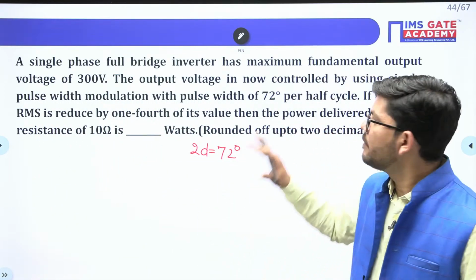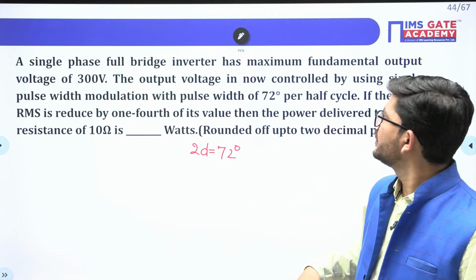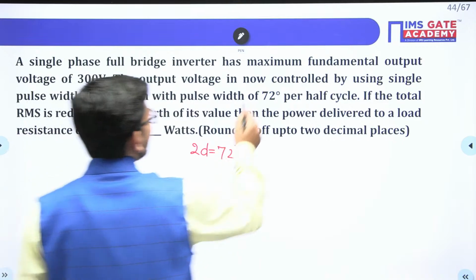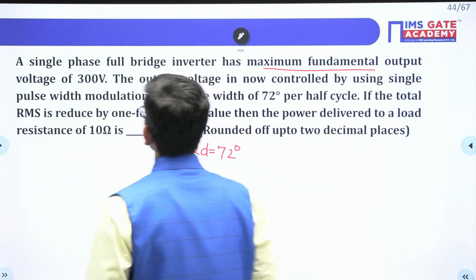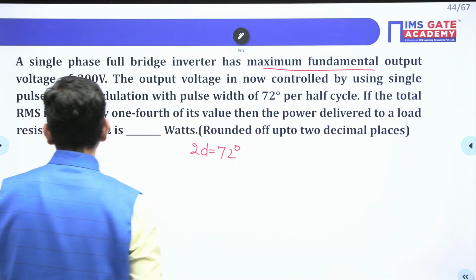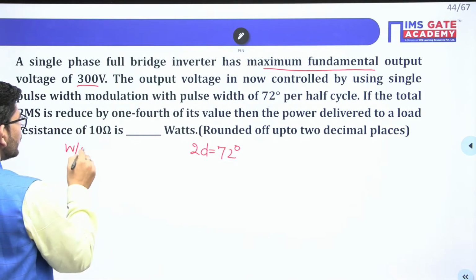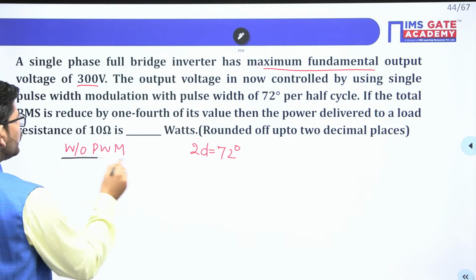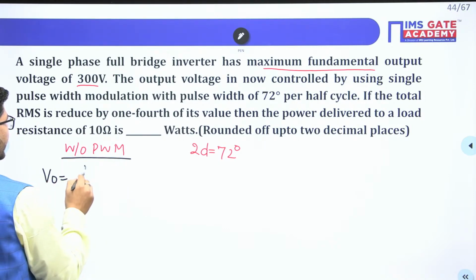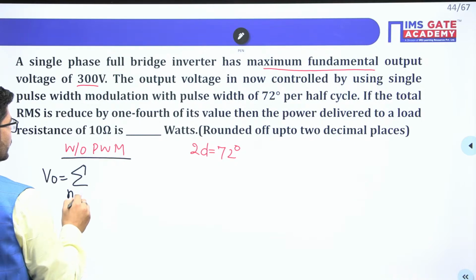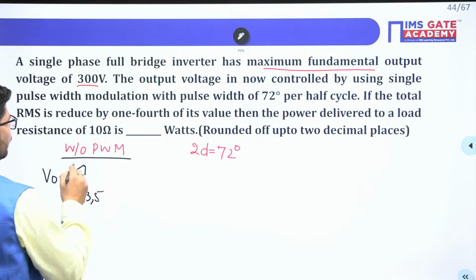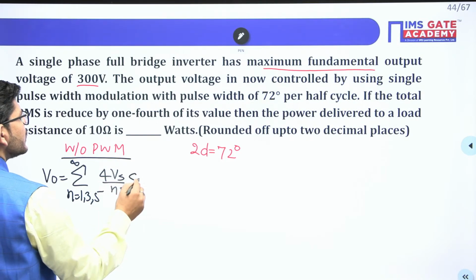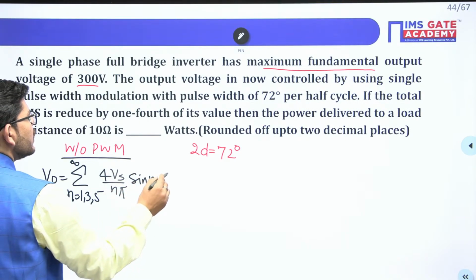When we have not used the pulse width modulation, what has been given to us before that? We have maximum fundamental output voltage, which is 300 volt. So without PWM, you know the output voltage expression for single phase full bridge VSI, and that is 4 Vs upon n pi sine n omega t.